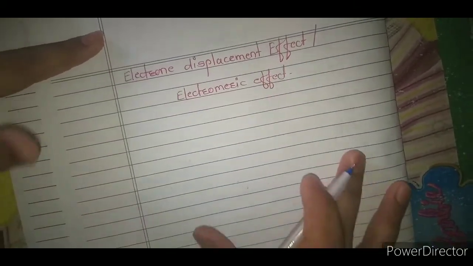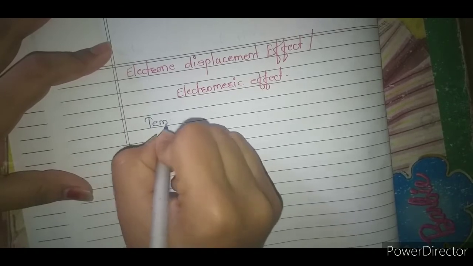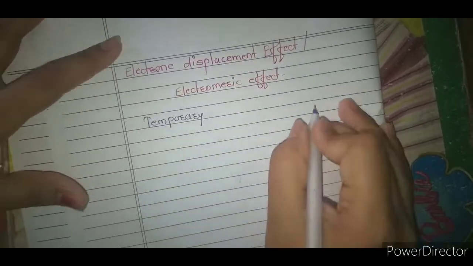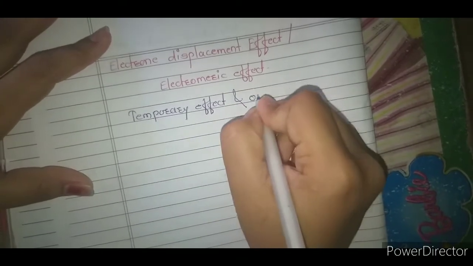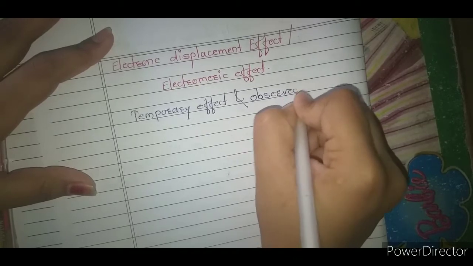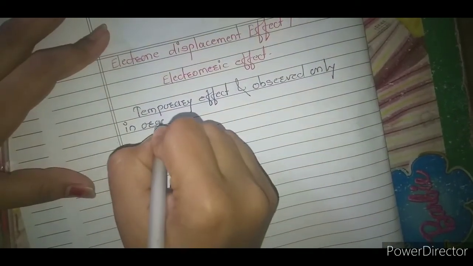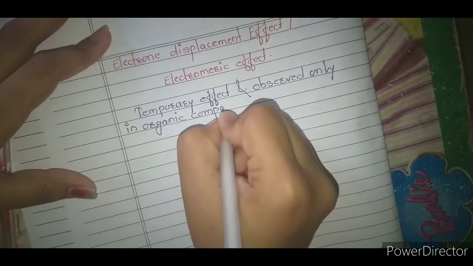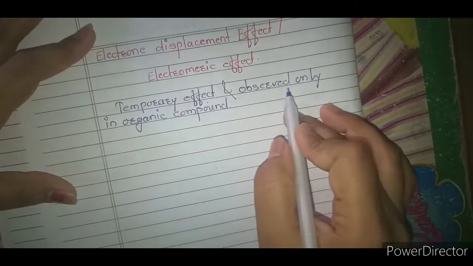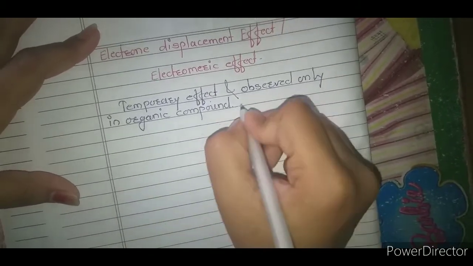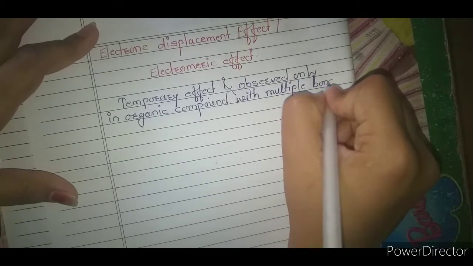The electromeric effect is a temporary effect, and it is observed only in organic compounds with multiple bonds.